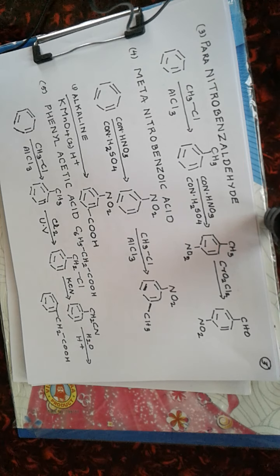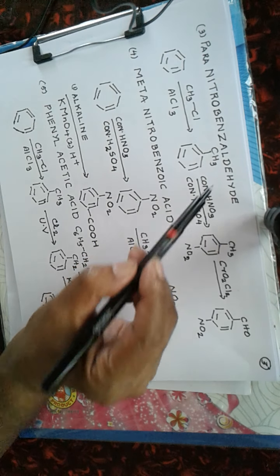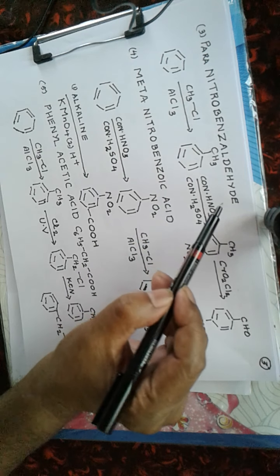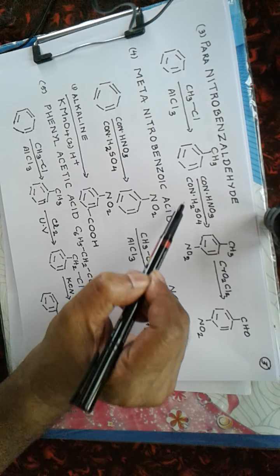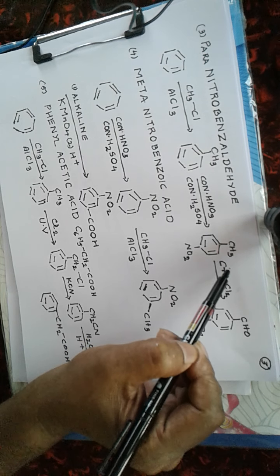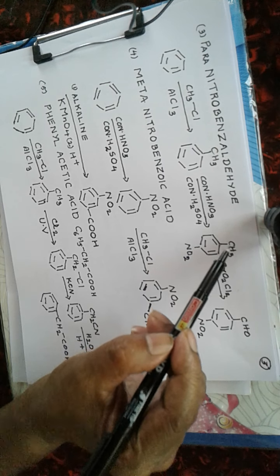Now for para-nitrobenzaldehyde, a similar method is used. First of all, we methylate the benzene ring using CH3Cl and anhydrous AlCl3. We get toluene, that is the methyl group introduced into the benzene ring. Then nitrate this toluene to get para-nitrotoluene, and you will get ortho-nitrotoluene as a minor product, separated by fractional crystallization methods.